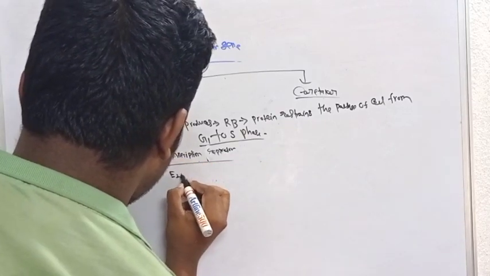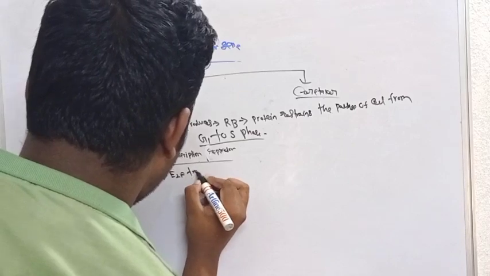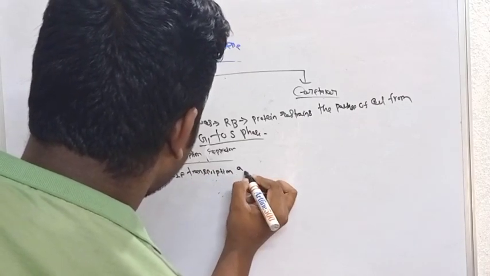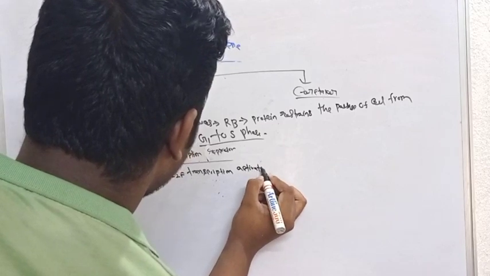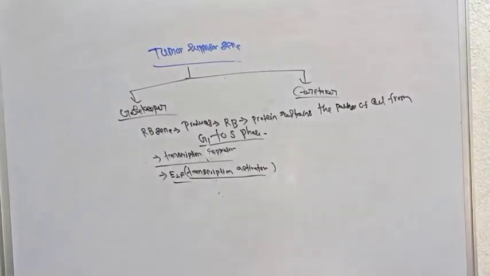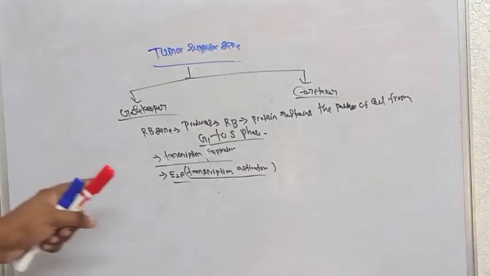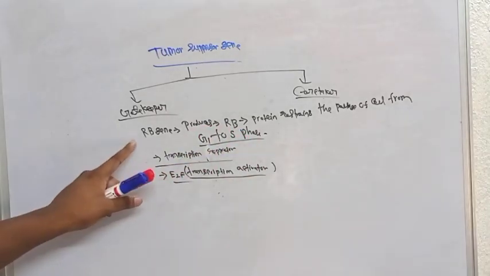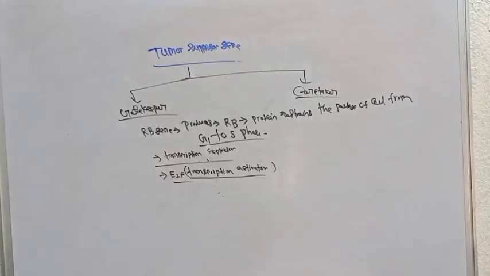It binds with the E2F protein, which is called a transcription activator, and inhibits the E2F. Therefore, the cell will not be allowed to go from G1 into S phase. So inhibition or mutation of this gene leads to retinoblastoma.